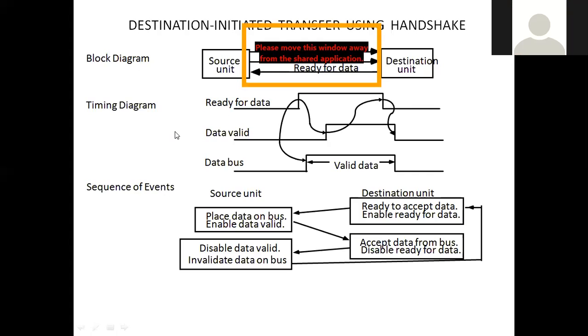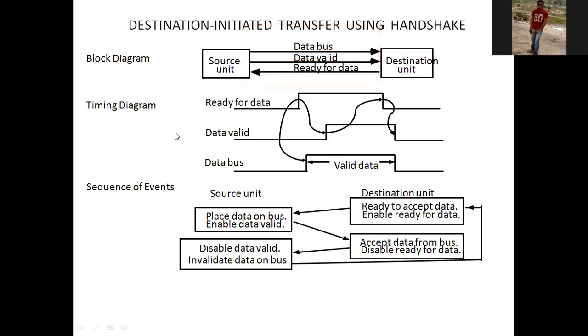Did we address the error which we faced in the strobe pulse? So now we can transfer the data between the source and destination with proper acknowledgements.